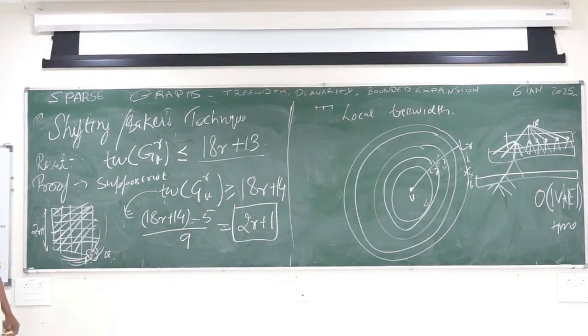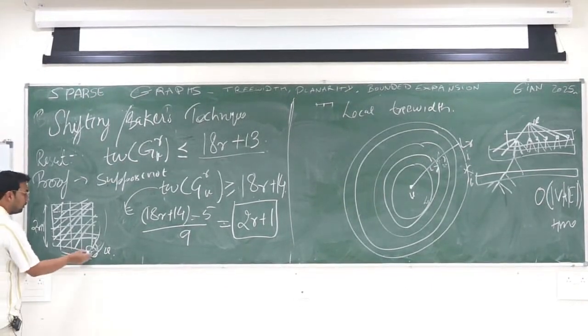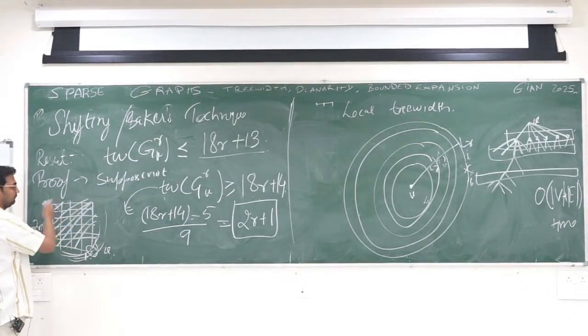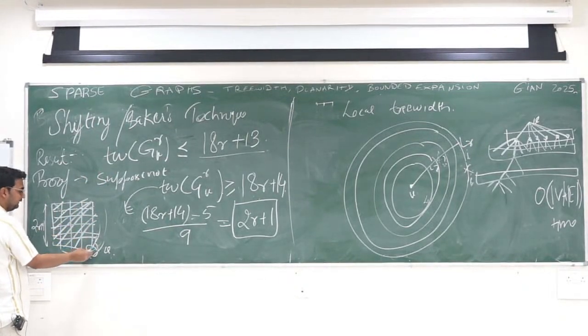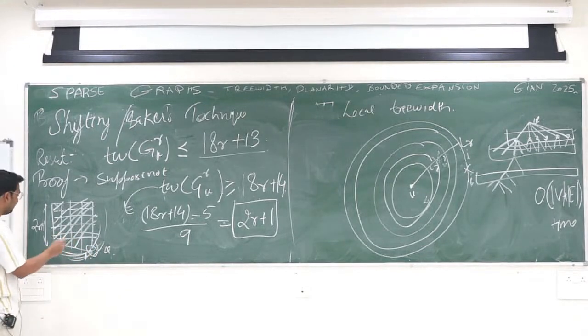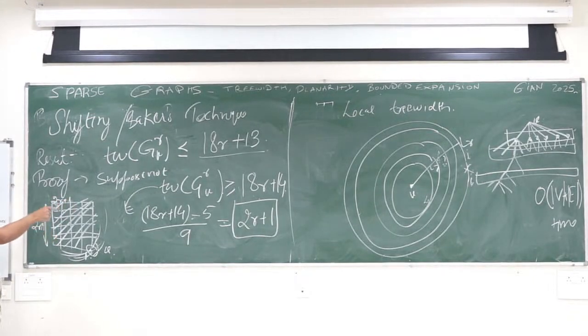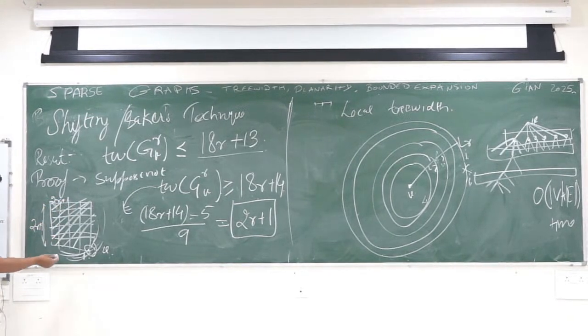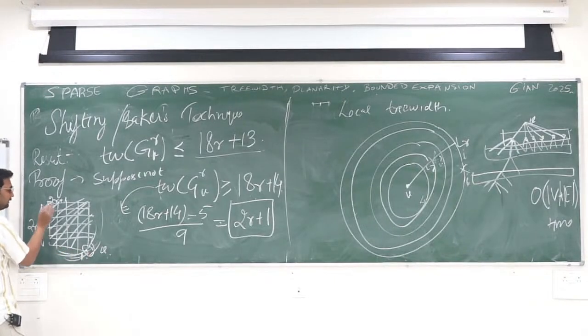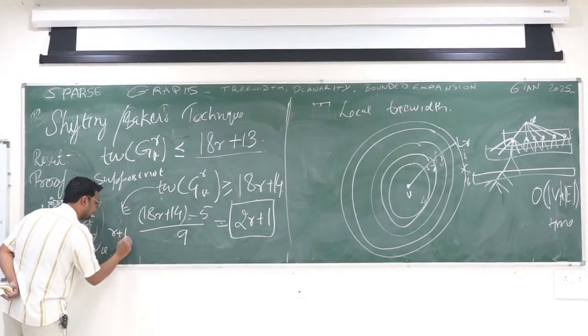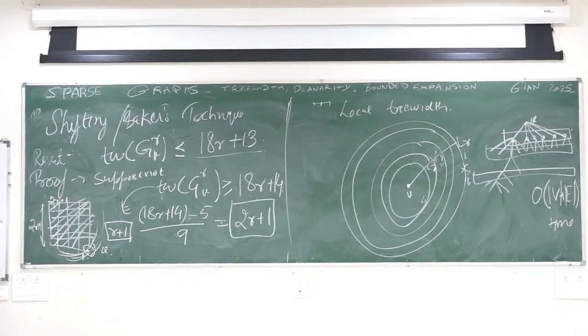Now, by definition of this graph, every vertex V should be at distance at most r. But if we have this 2r + 1 grid kind of structure, then it's not difficult to see that there will be at least one vertex at distance at least r + 1, which is not possible.